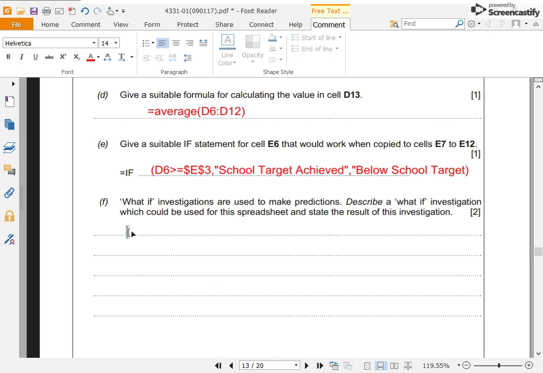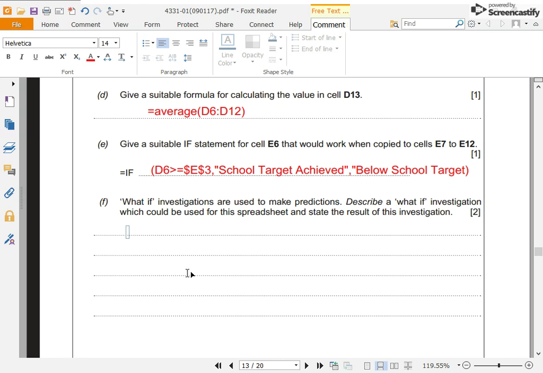All right. So, the advantages of spreadsheets. Sorry, it's not the advantages of spreadsheets. I was just predicting then and I wasn't right. So it's asking you about what if investigations. What if investigations are used to make predictions. Describe a what if investigation which could be used for this spreadsheet and state the results of the investigation. You did this in year 10 coursework and you had to change something in your spreadsheet and have a little look at it.